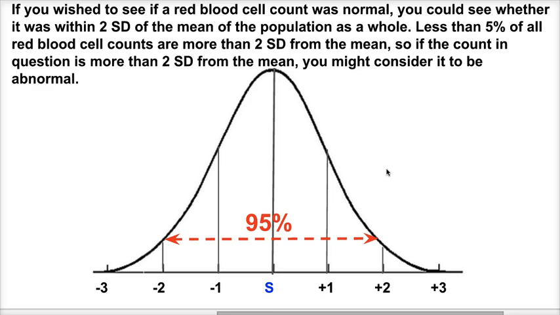Case in point, if you wish to see if a red blood cell count was normal, you could see whether it was within 2 SDs of the mean as a whole. So within 2 SDs, you can see whether or not you have a normal red blood cell count population. What's normal? Well, we take measurements from a sample population and we get a mean. Then we take the standard deviation and see how spread apart people are.